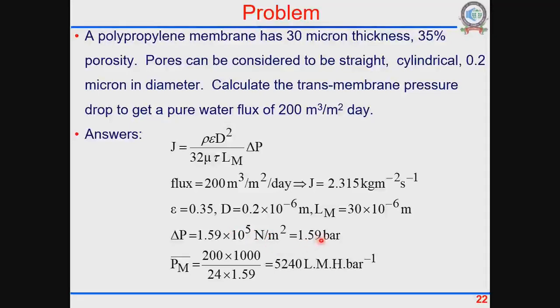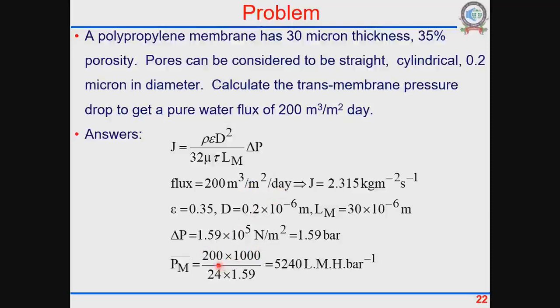If you want to think in terms of permeance now, in terms of units of liters per meter square hour, I would have to convert this 200 meter cube into liters. I would take 200 multiplied by 1000 liters per meter square per day.